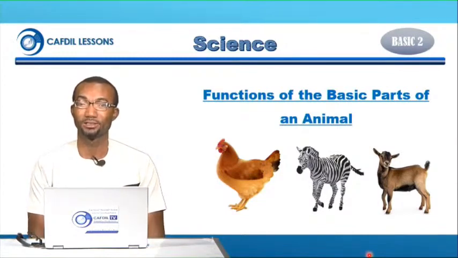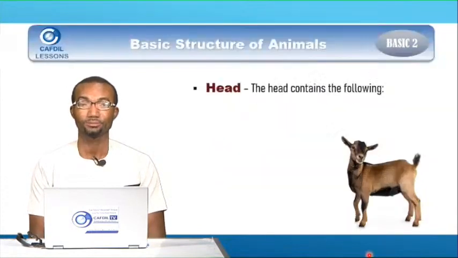You see, when we dealt with plants in our previous lesson, we went through the functions of all the parts of the plant. The same way, we are going to go through the functions the head plays, the trunk or the main body plays for the animal, and then the function the legs also play. Let's start with the head.